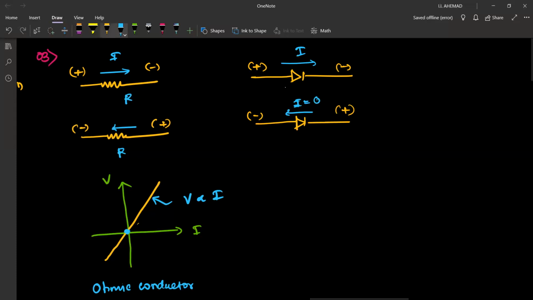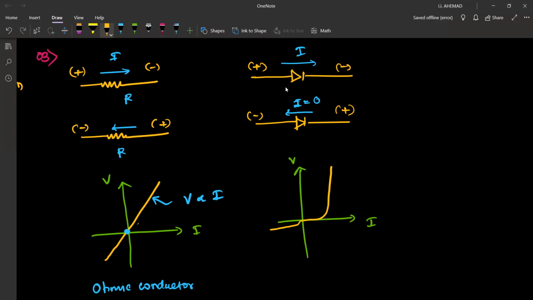So when I plot this graph, we get a graph like this.